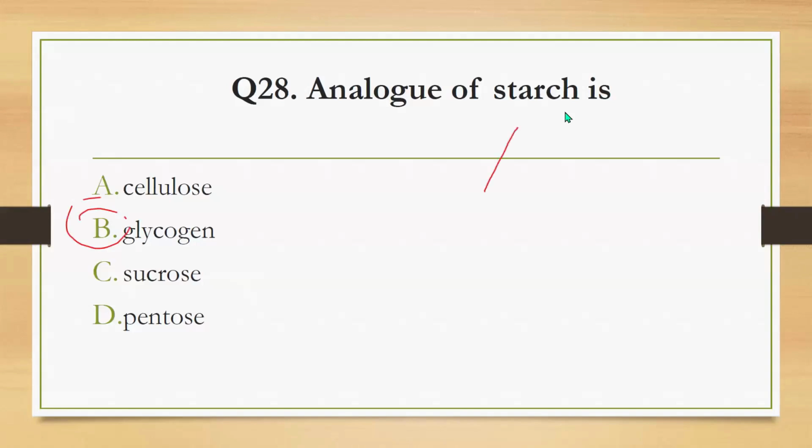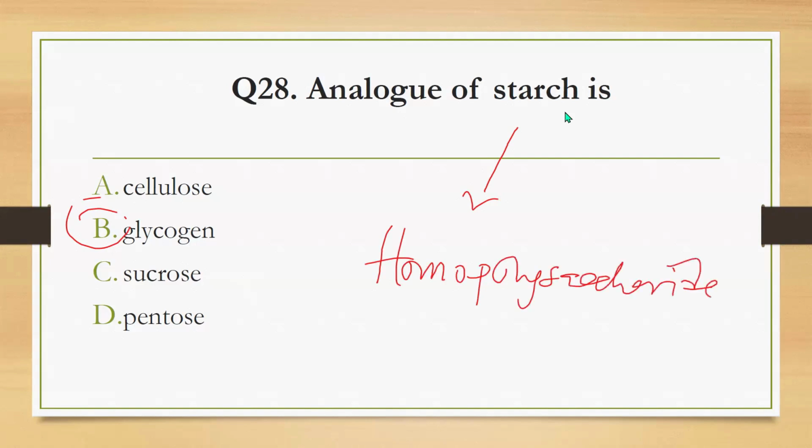In fact, they are all examples of homopolysaccharides. When we say homopolysaccharides, it means sugars that have the same repeating unit, the same monosaccharide. For example, starch is made of glucose.